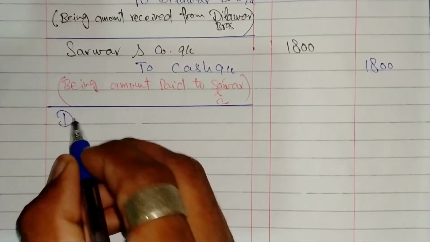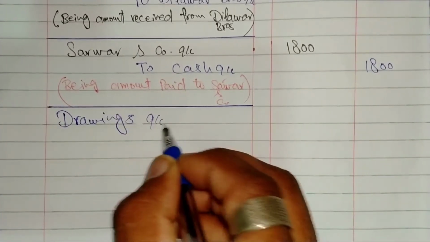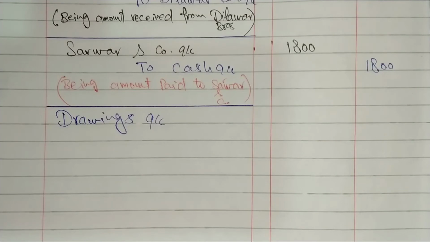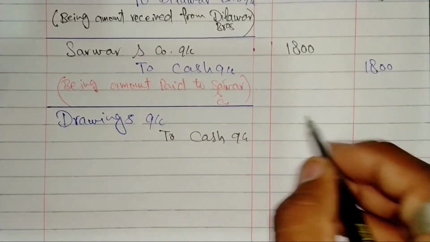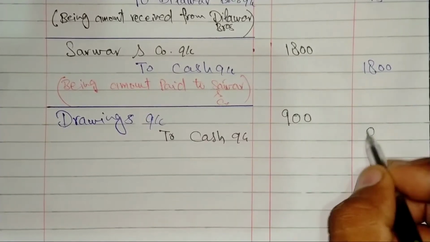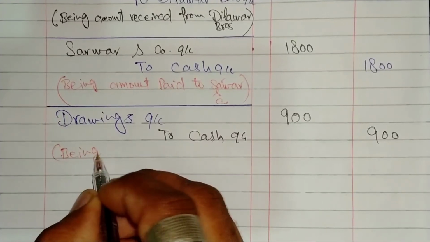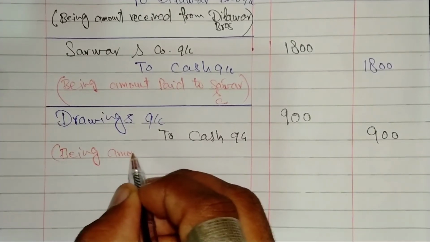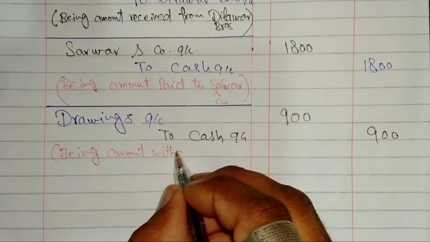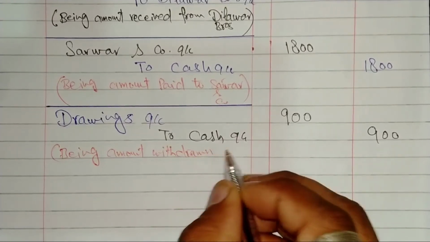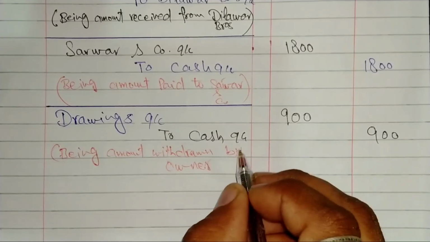Drawings account debit to cash account $900 with description being amount withdrawn by owner or proprietor.